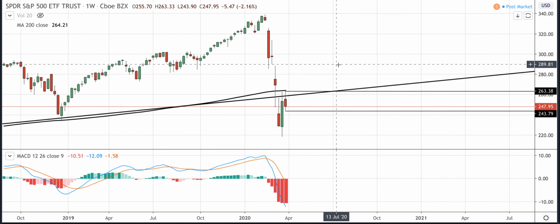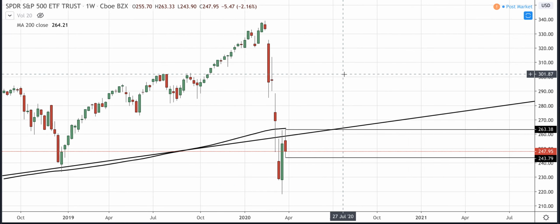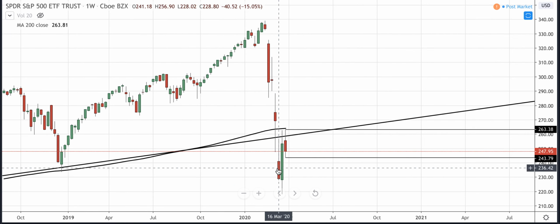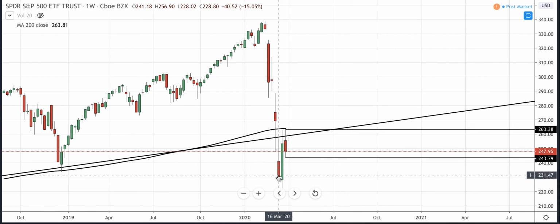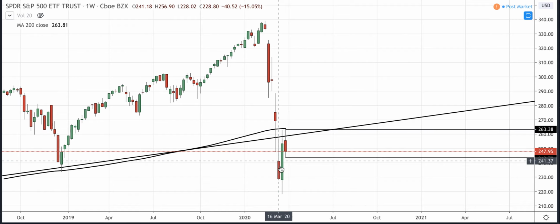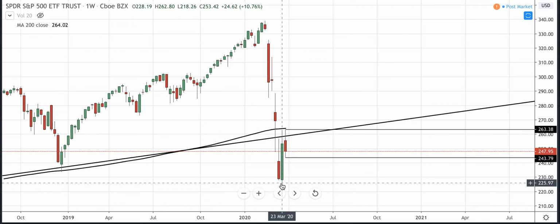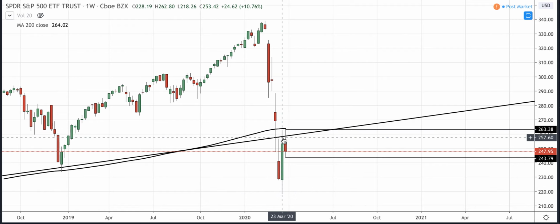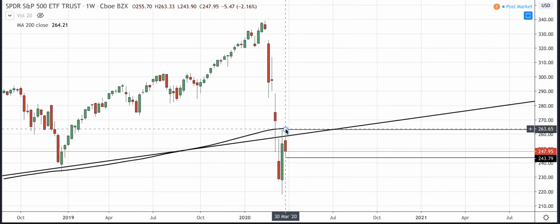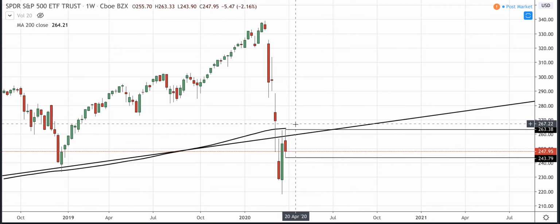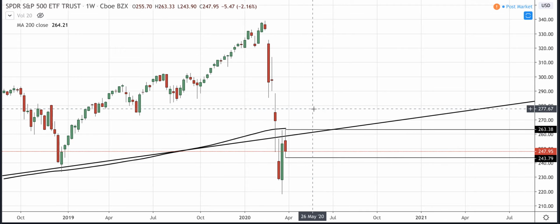Okay, so let's go ahead and zoom in and get a better picture of this. You can see this is the March 16 week. This was the low that we made the previous week before that extreme rally. And then this week, we came back and tried to test this 200-week moving average, and we were never able to get back above it.